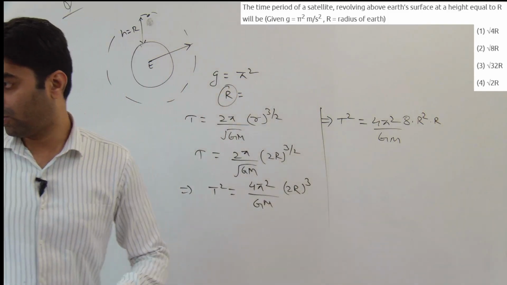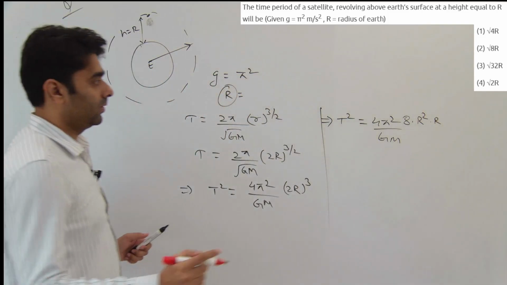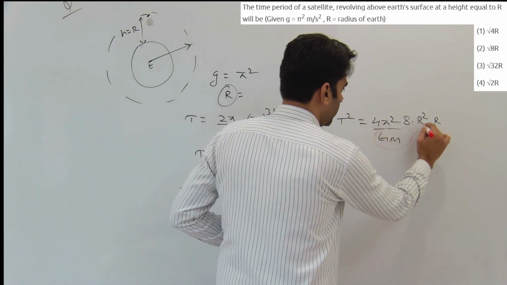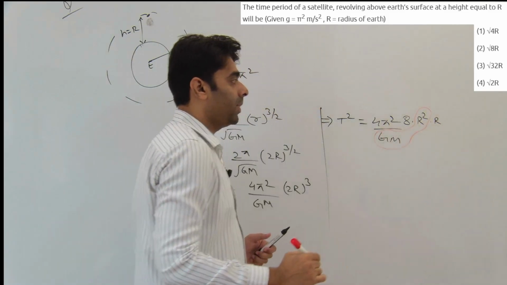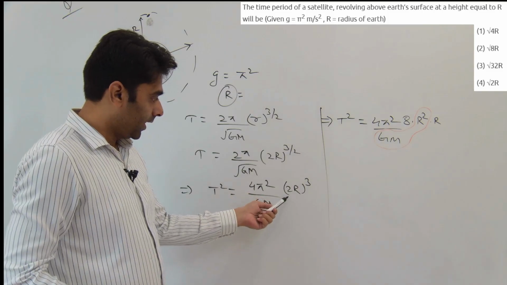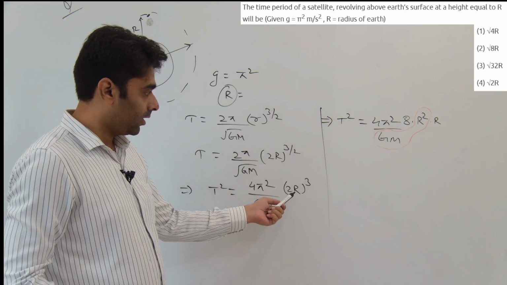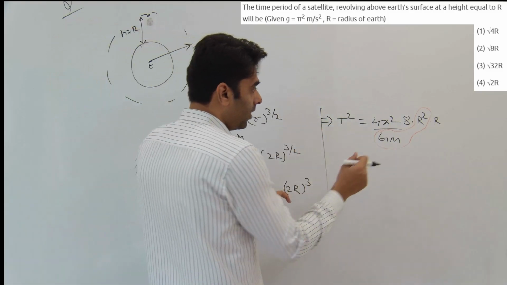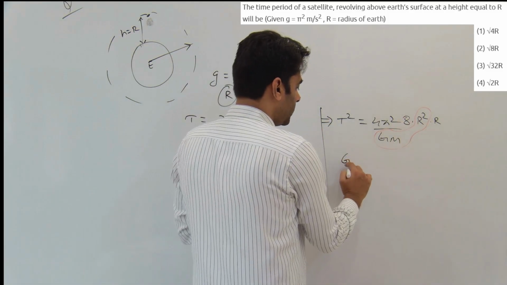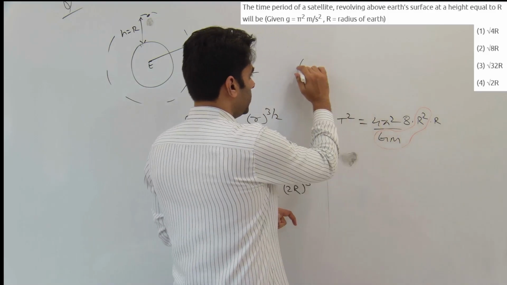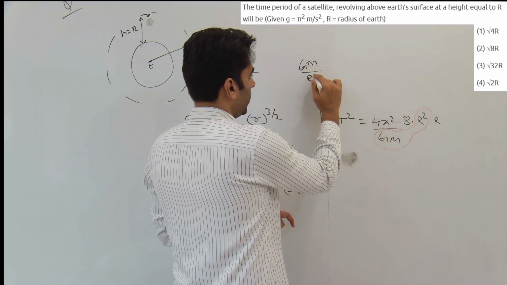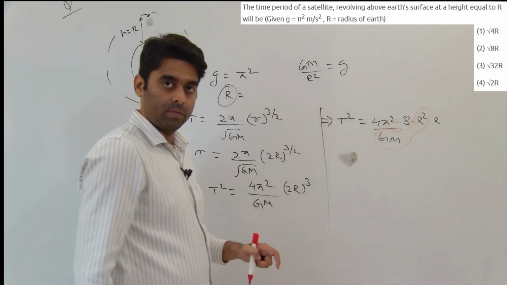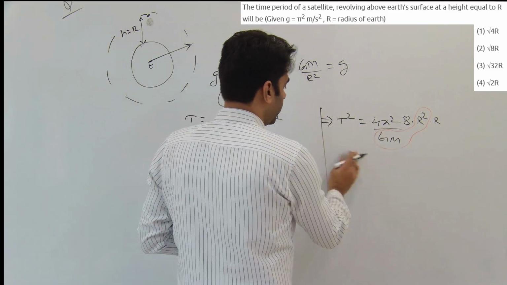Because in this term, 2R whole cube is 8R cube, which I have written as 8R square into R. The reason is GM by R square. What is GM by R square? GM by R square is nothing but small g. Okay, that means I can replace it.